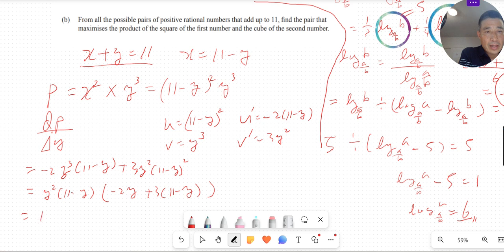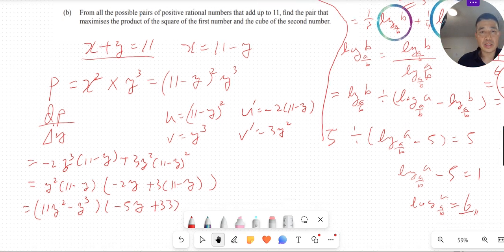So I have 11y minus y cubed, first bracket. And second bracket, I've got minus 2y minus 3y, minus 5y, isn't it? And then plus 33. And we expand.